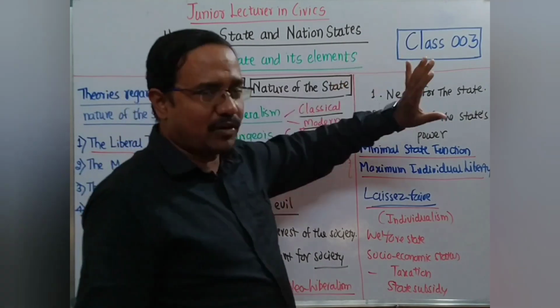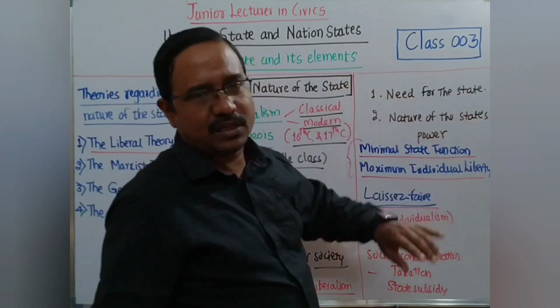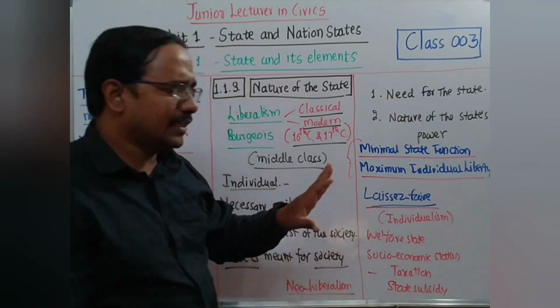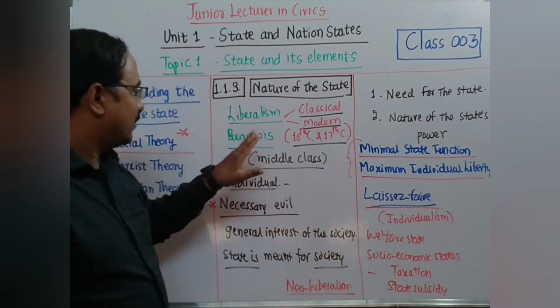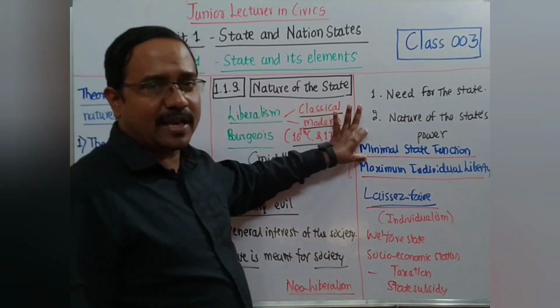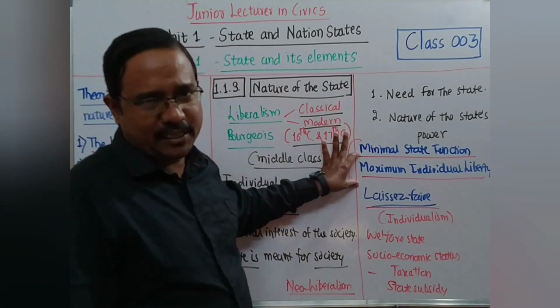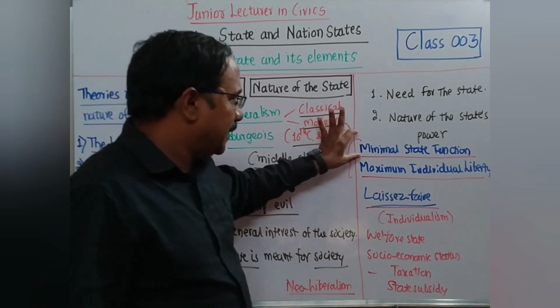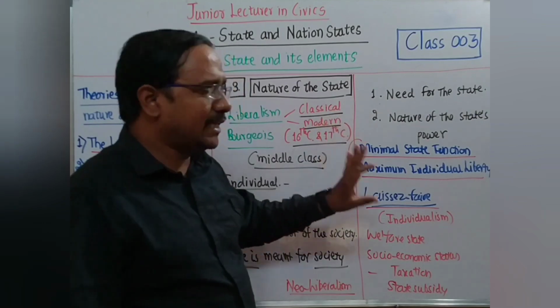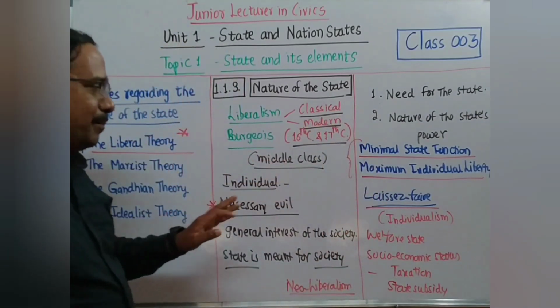First one is what is the need for the state, and second one is what is the nature of the state's power. In this liberalism or the liberal theory, the state should function as minimum as possible, and individual liberty should be given maximum. So minimal state function and maximum individual liberty is the motto of liberal theory.